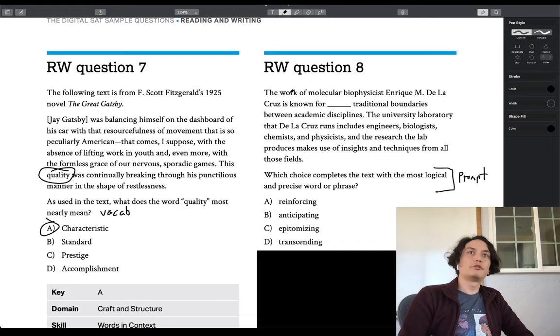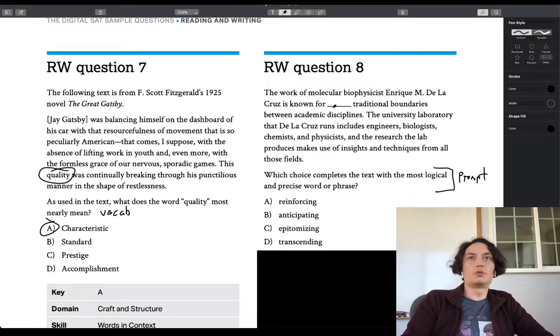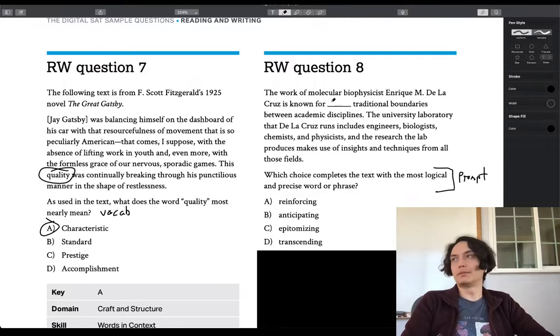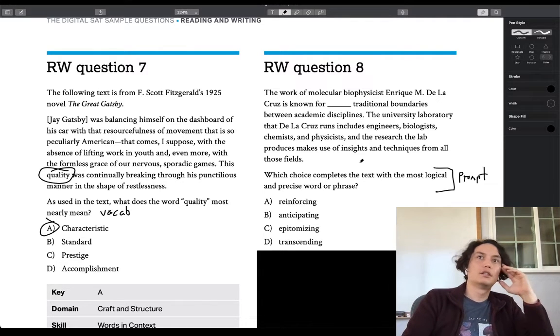The work of molecular biophysicist, this guy is known for doing something, some kind of verb, to traditional boundaries between academic disciplines. I mean, even without context, probably what he's doing is breaking down or crossing. But whatever. The university laboratory that De La Cruz runs includes engineers, biologists, all sorts of different people. And the research the lab produces makes use of insights and techniques from all those fields.